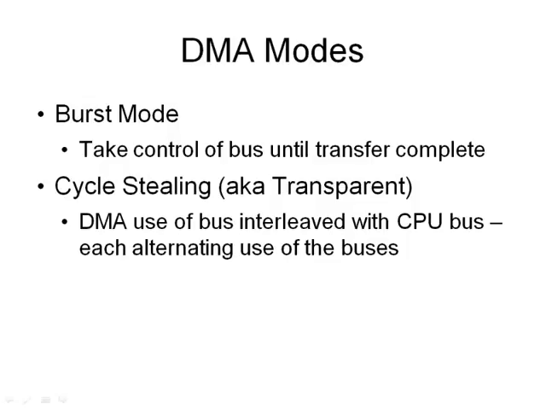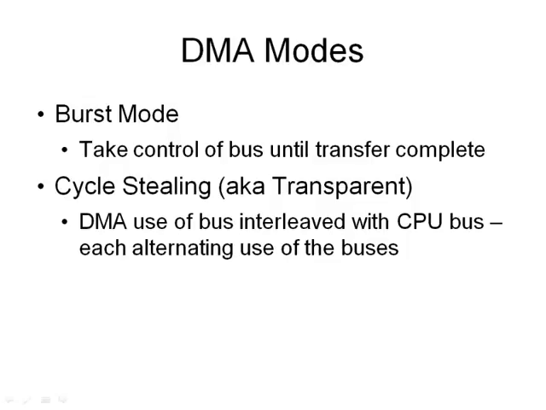There's another format called cycle stealing, sometimes called transparent DMA, and with cycle stealing, the DMA use of the bus is interleaved with the CPU use of the bus, so they each alternate, each having one bus cycle for passing a bit of data for the DMA transfer, and then the CPU has access to the bus for one cycle.